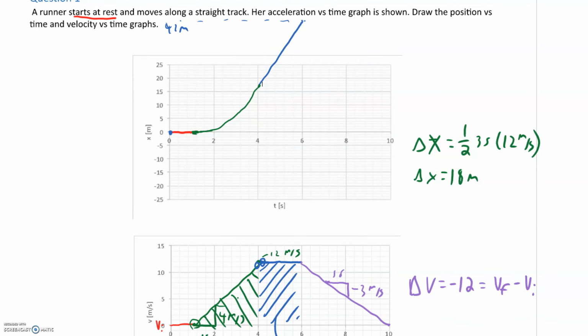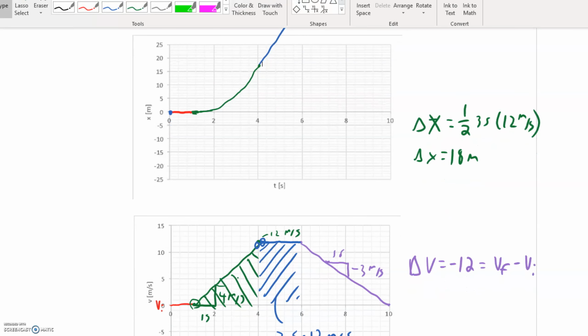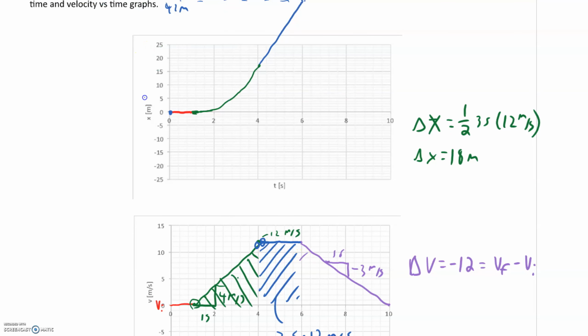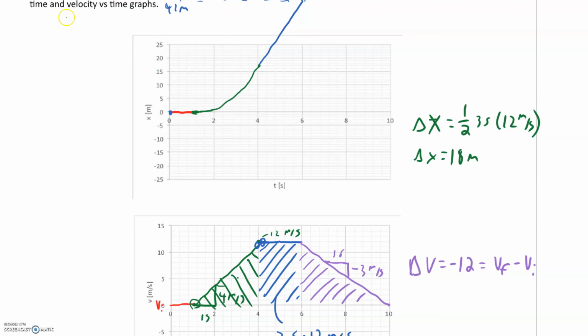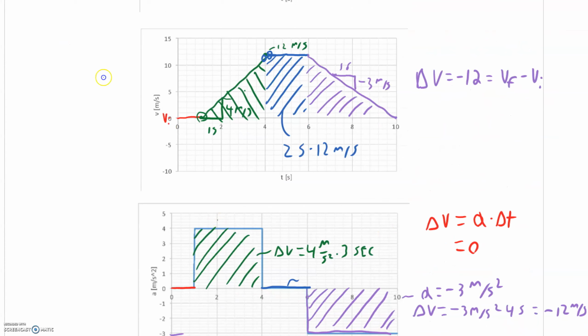The last thing we have is a decreasing velocity. So we have this purple area. The velocity is still positive, so my slope should still be positive, but my acceleration is negative. A little trick I like to use: if my acceleration is positive, like down here where my acceleration was positive 4, the position versus time graph should be concave up.